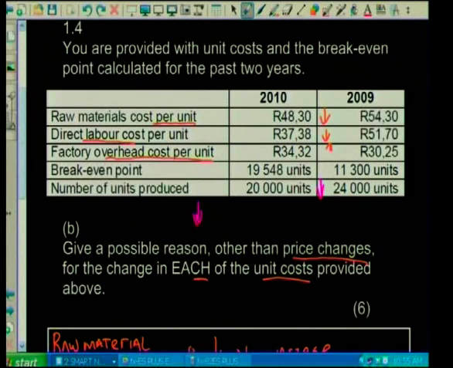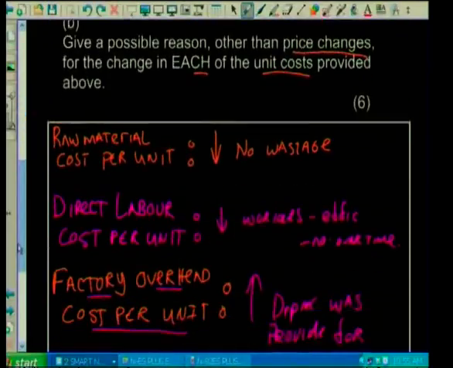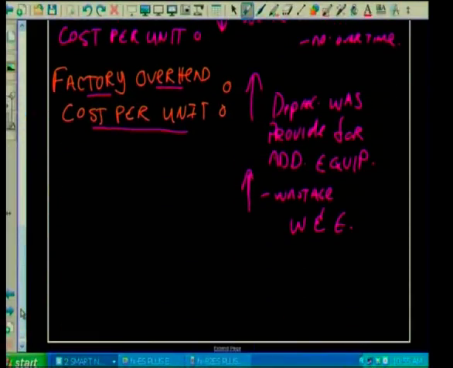Every time your number of produced items drops, automatically our factory overhead costs per unit will go up. So this is another factor, a third possible reason that we could use in our answer.